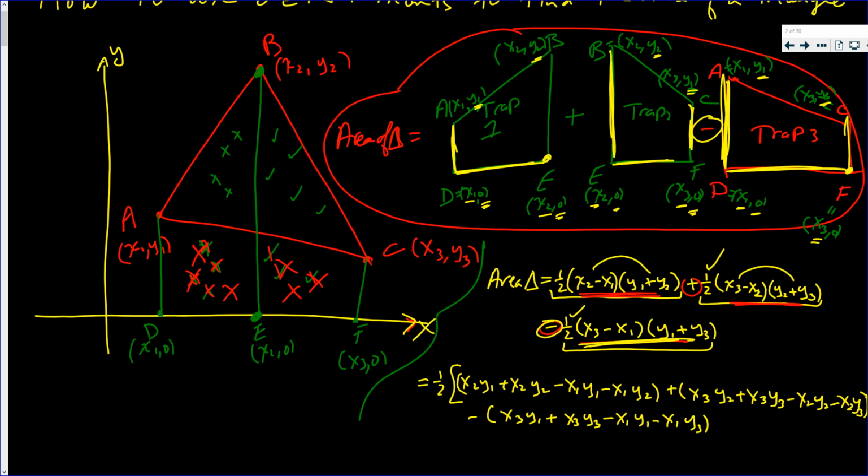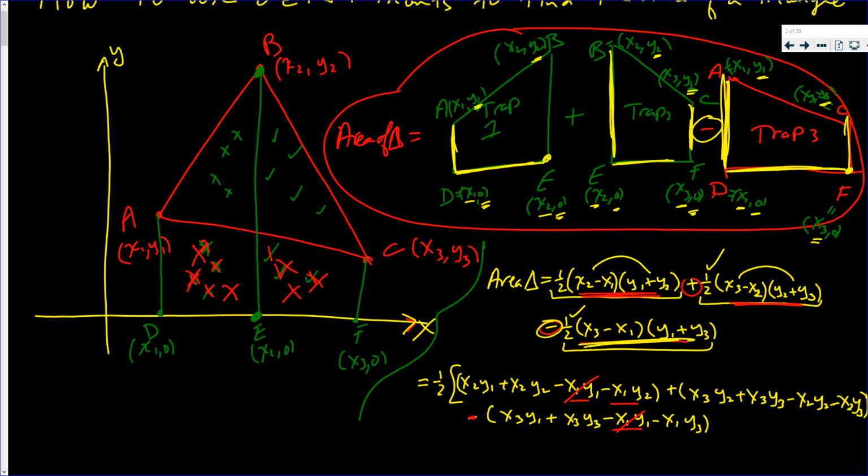Now, let's just look at the negative ones. We're taking away x1, y1. Are we adding that back? Oh, I'm also taking away negative x1, y1. You subtract the same things, they're gone. I have negative x1, y2. And am I adding that back anywhere?